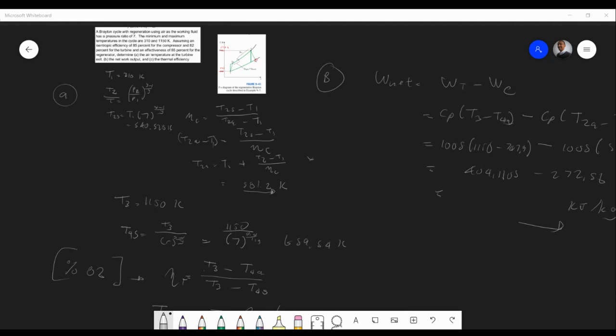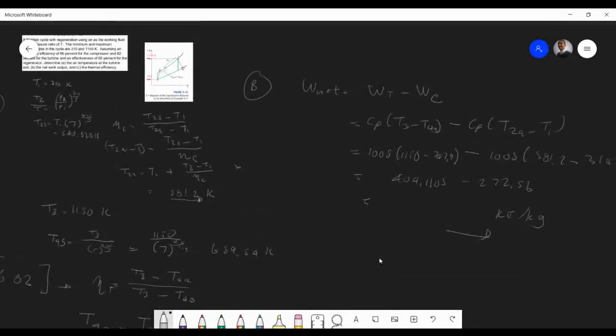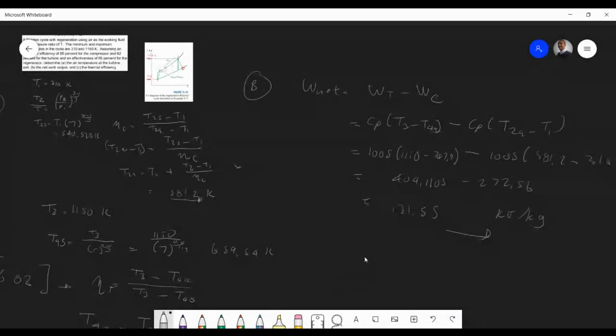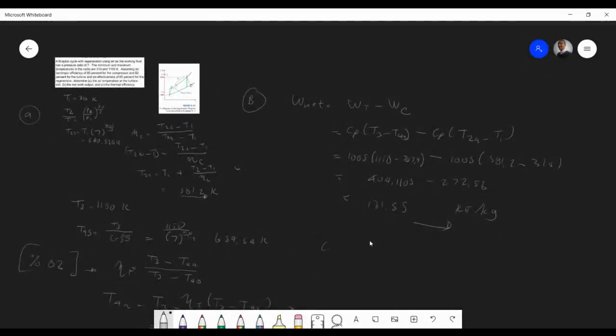Yep, that's correct. 131.55. Anything close to that is acceptable. I hope there are no questions till now, because now we have to find Q in.